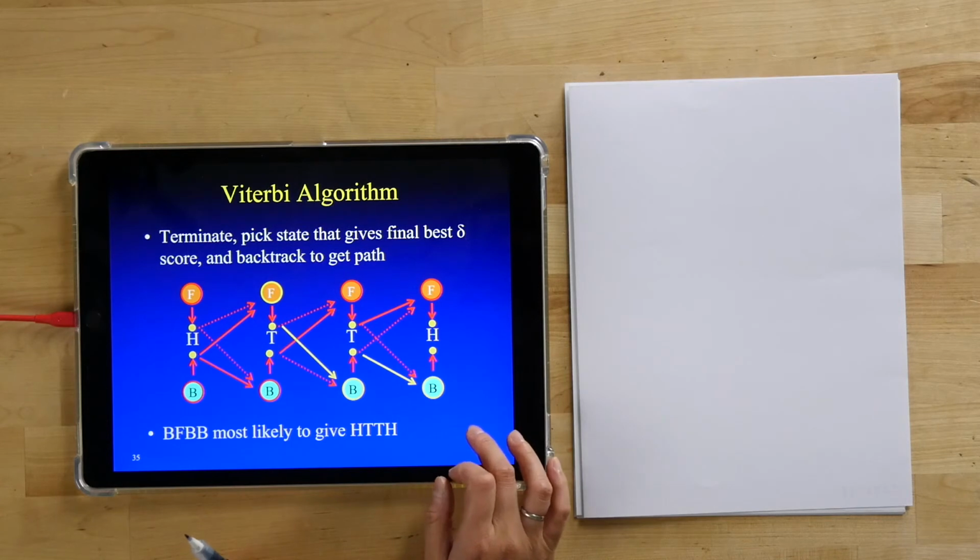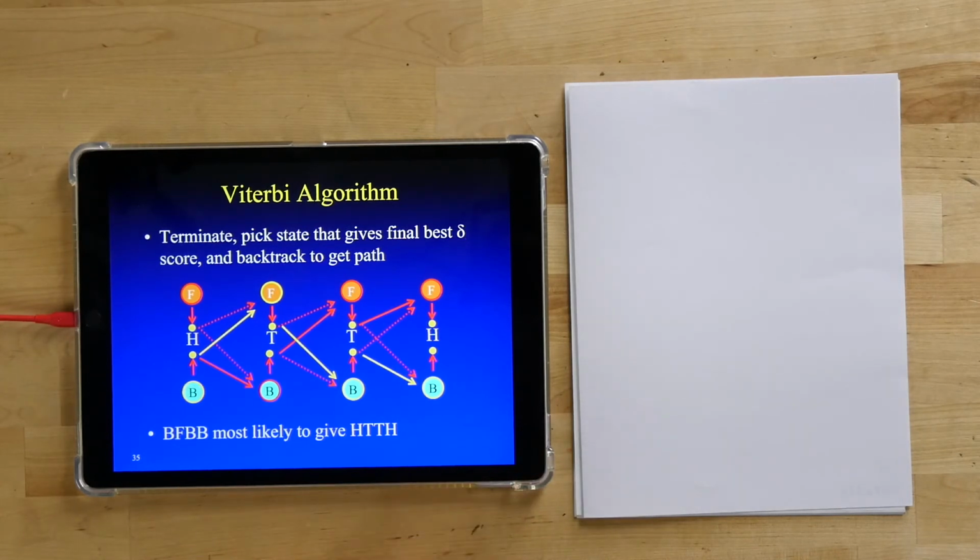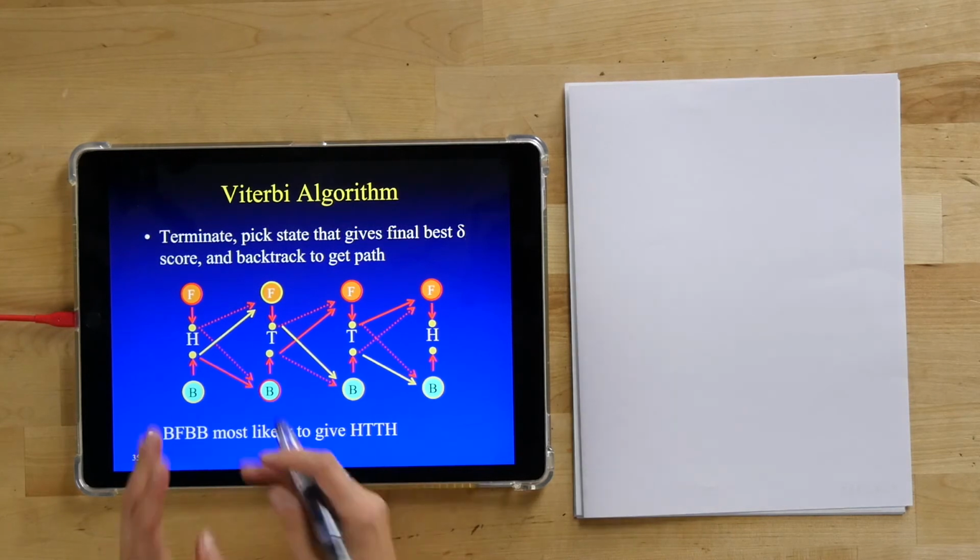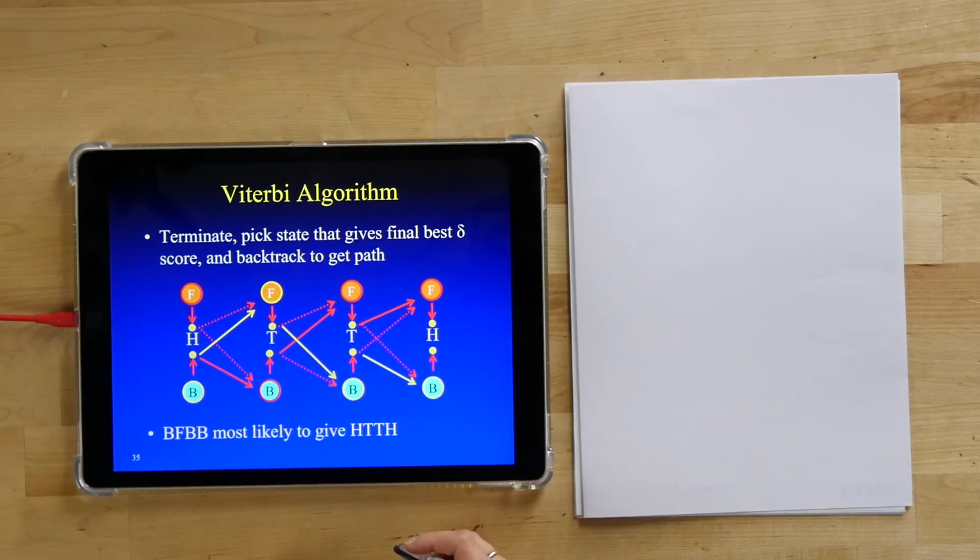And then from there, using the pointers, the previous one is a biased coin. Therefore, given the current coin flip, out of all the possible paths, the single path which will give me the highest probability to give me the HTTH coin flip is BFBB.